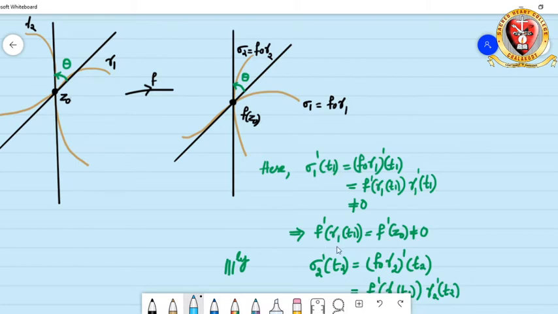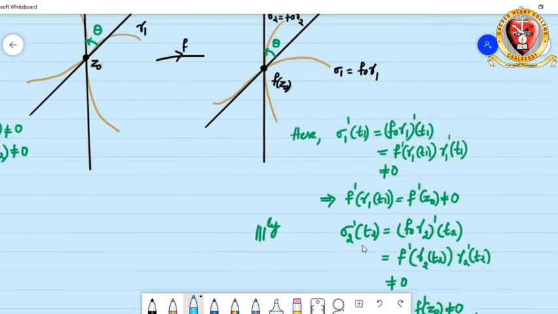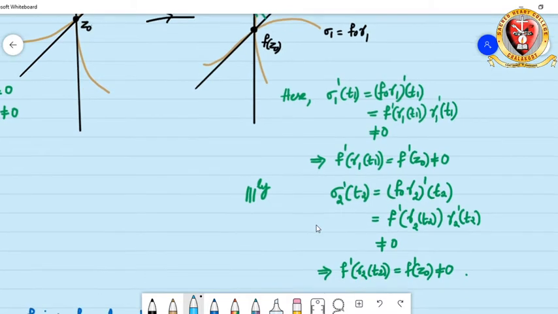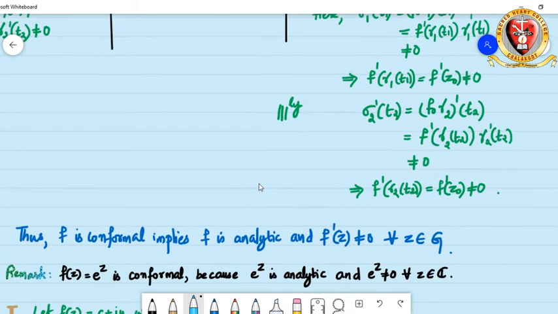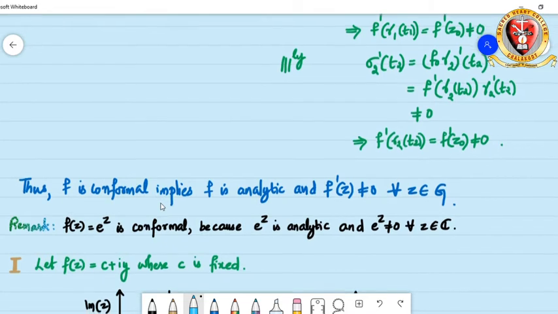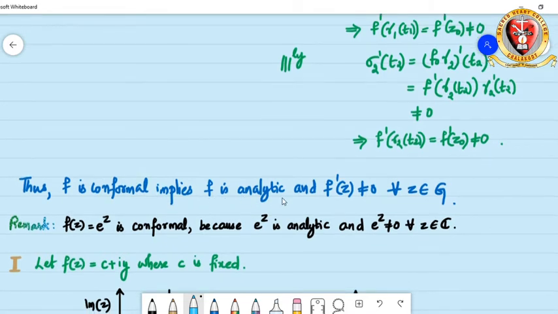But f dash of gamma 1 of t1 is nothing but f dash of z naught, which is not equal to 0. Similarly, we can say f dash of z naught is not equal to 0 from sigma 2 dash of t2 not equal to 0. Thus, f conformal implies that f is analytic as well as f dash of z not equal to 0 for every z belonging to G.